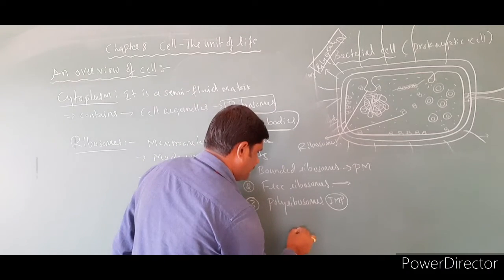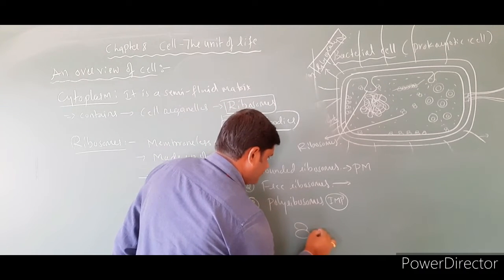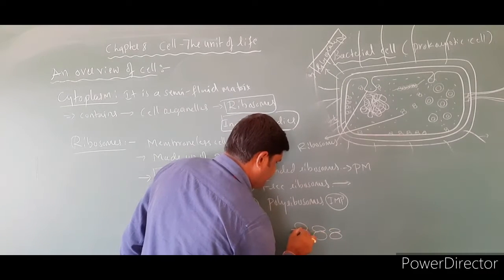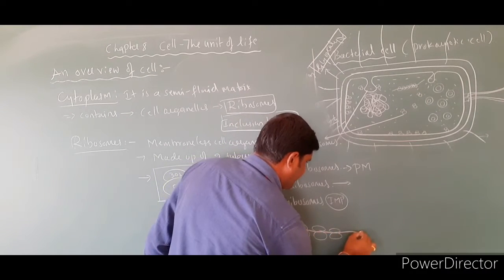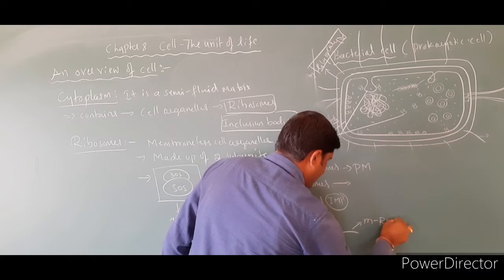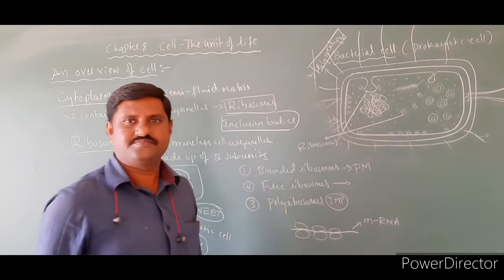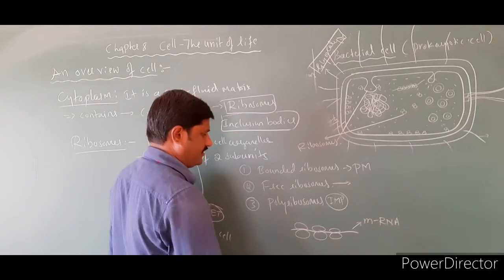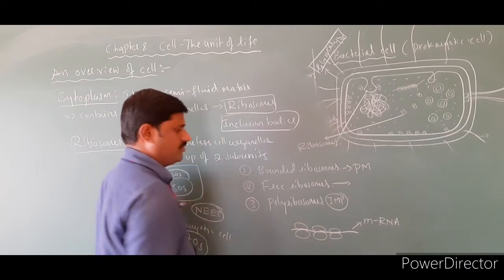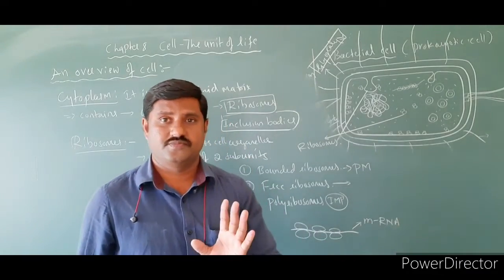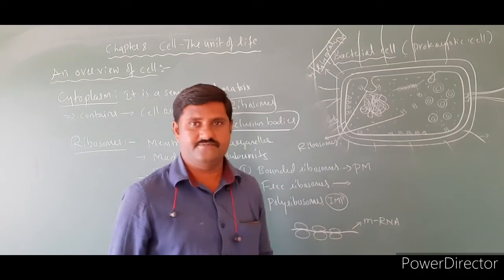See here, this is one ribosome, this is another ribosome, and this is another ribosome. All these are bound to the single messenger RNA. These ribosomes are many in number.